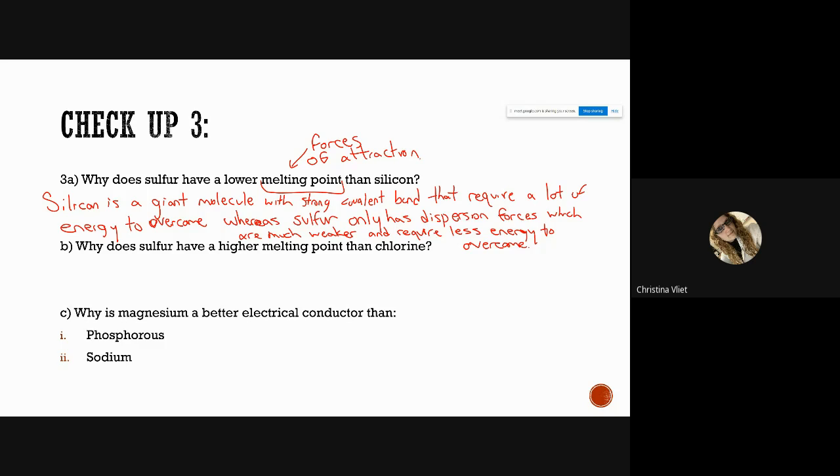All right, let's take a look at the second one. Why does sulfur have a higher melting point than chlorine? So now what's the comparison to make? I would say, although sulfur and chlorine both have dispersion forces, or ID if you want to say it that way, sulfur has more electrons.